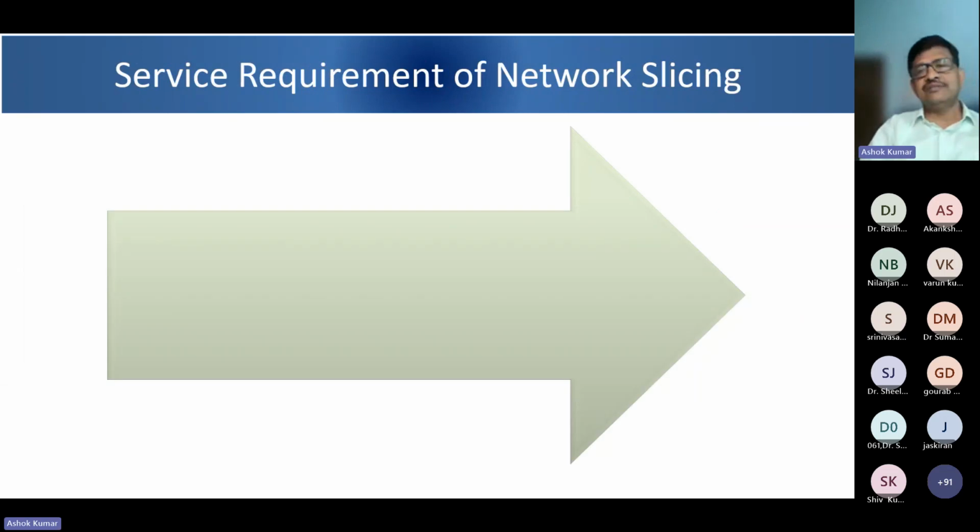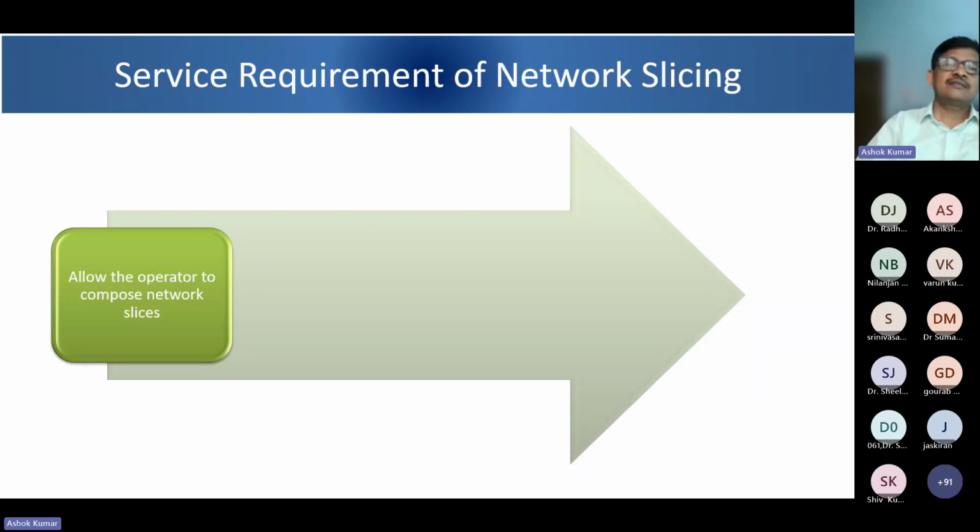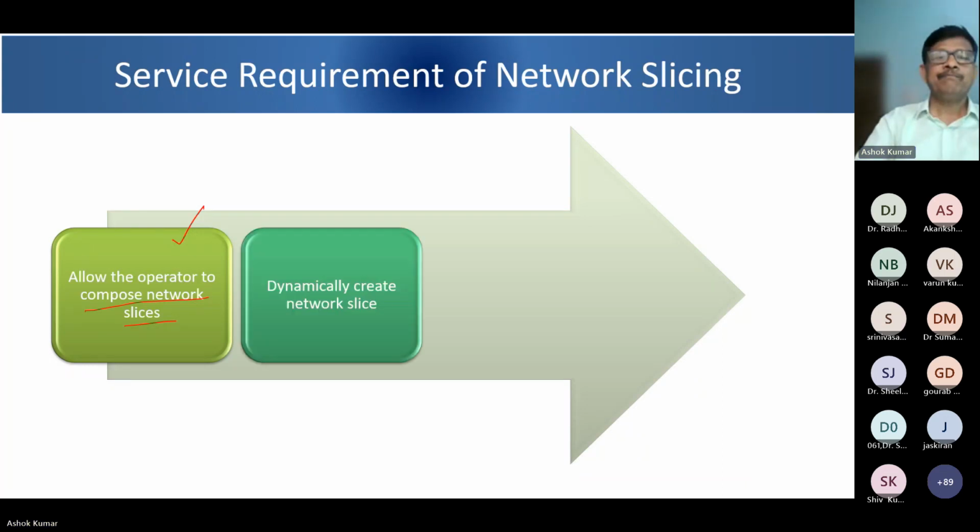In respect of the service requirement of network slicing, they are saying that we should design the 5G network in a way that operators are able to compose network slices. That means through a certain standard way or a certain configuration, operators would be able to create a network slice in a very easy way.